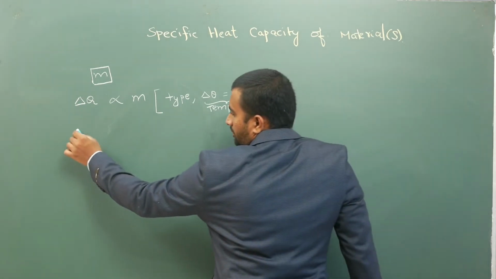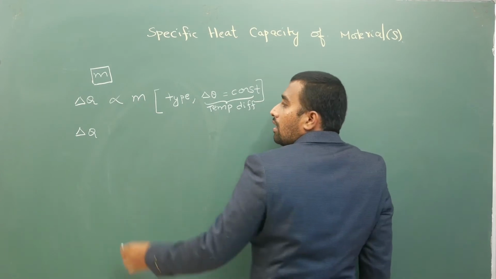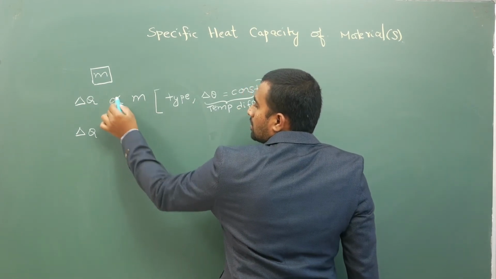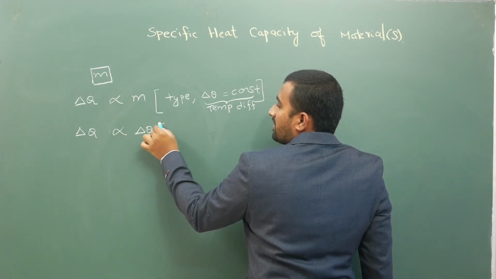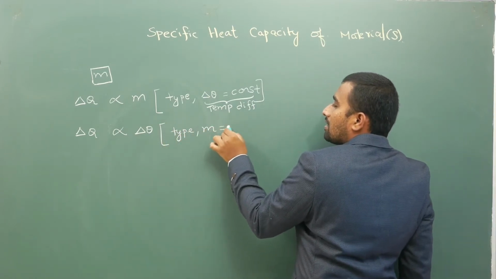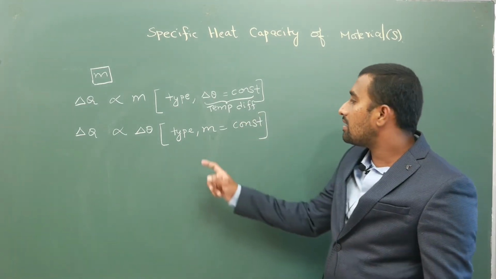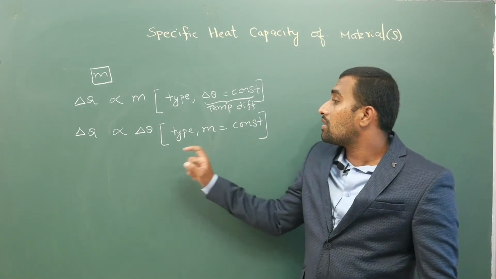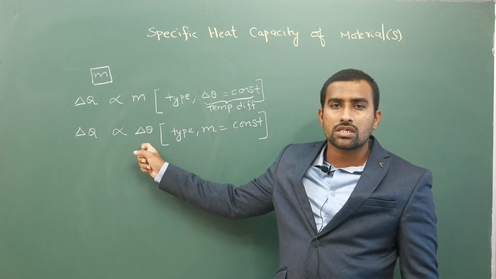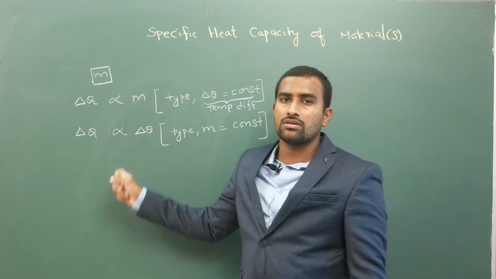Next, your heat energy delta Q is also directly proportional to the temperature difference, when type of material and mass are kept constant. Delta Q is directly proportional to delta theta.